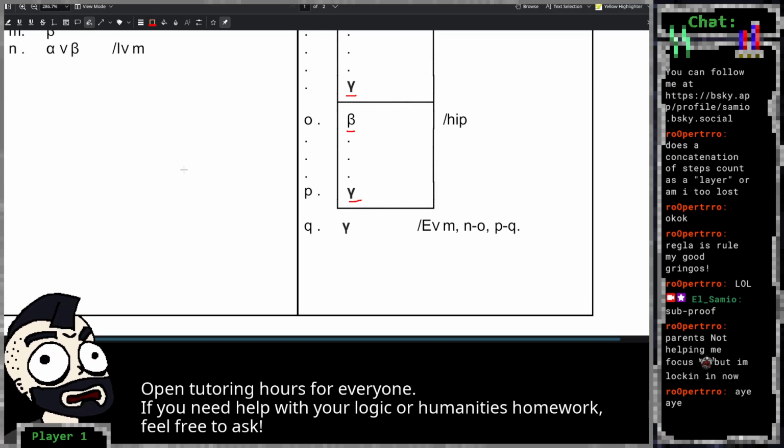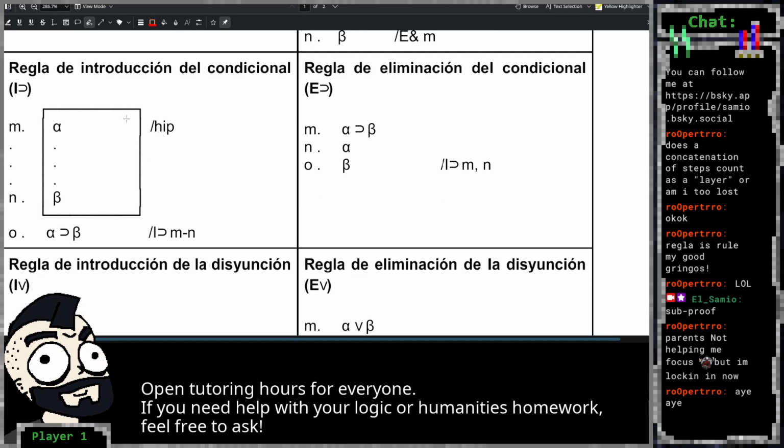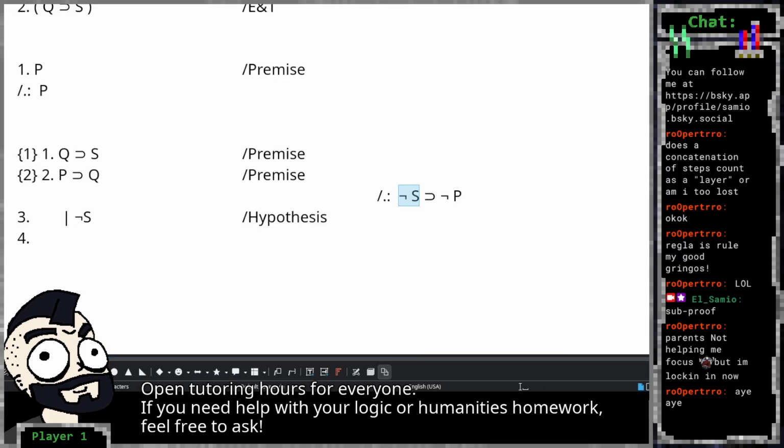I want to use this rule, conditional introduction. So if I want a formula of this type, I want to assume the first formula when I open my subproof, and I will end my subproof when I reach the other formula, the consequent, which is not P.